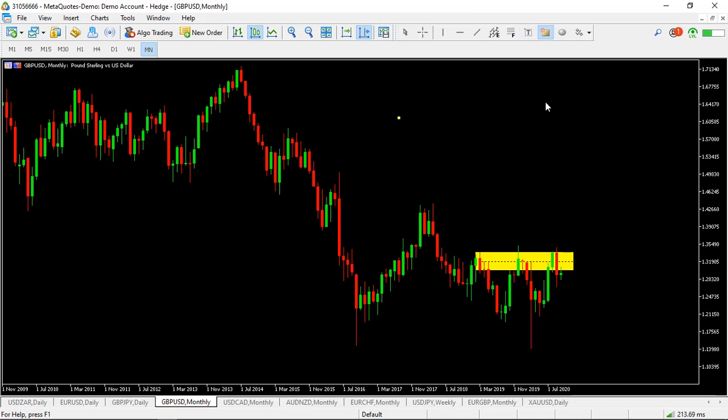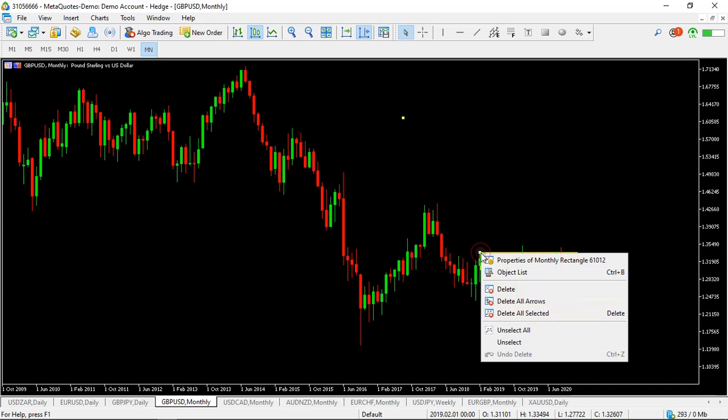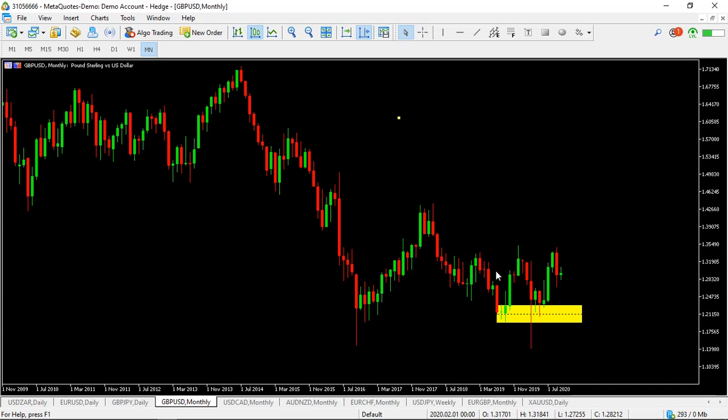This demand level is a demand level because it removed the monthly supply. This was my supply, so if this demand removes this supply, it is no longer valid.